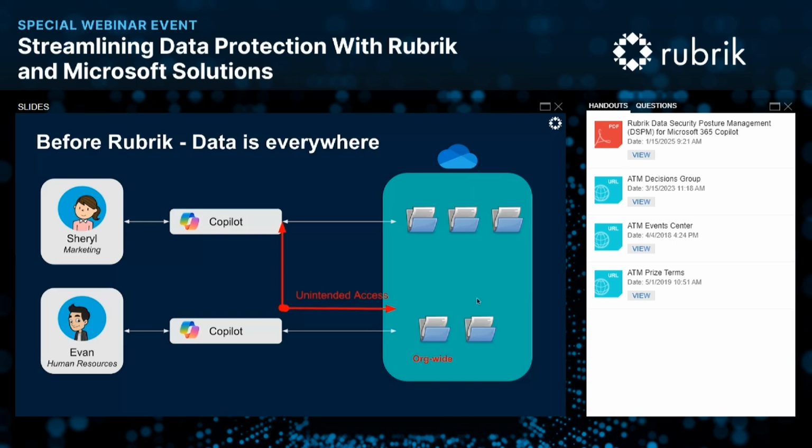HR data. Now, problem number one, what you see here to your right is your 365 data. Could be SharePoint, could be OneDrive. We don't know what's what. So we don't really know where our marketing assets are. We don't really know where our HR files are.